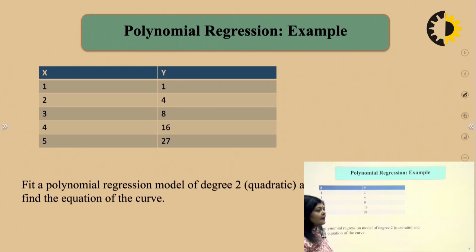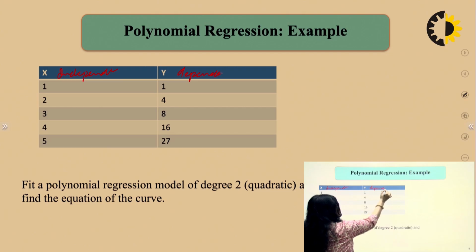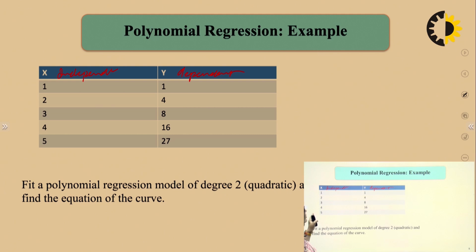So for example, here I can see that the data set given to me has one independent variable and one dependent variable. So x is my independent variable and y is my dependent variable, right? And we can see from here that the values of y are nothing but the squares of x.